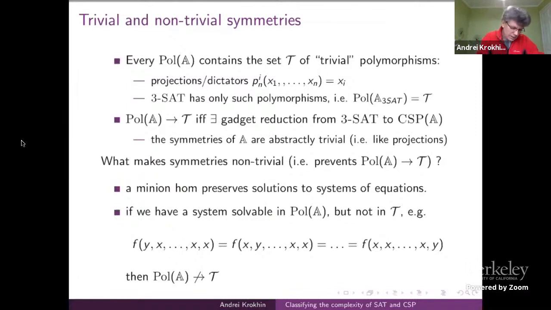And this means, in particular, that you don't have this minion homomorphism, so there is no gadget reduction from 3SAT to your CSP. So this is what it's about, right? Systems of equations satisfiable or not satisfiable in your symmetries. This is what determines how strong your symmetries are.